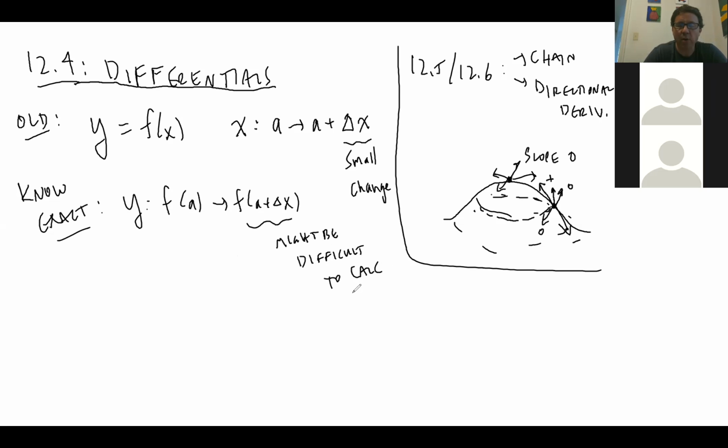And I know you all have calculators, and that's all well and good, but we're going to try and do some of this stuff by hand so you can see the techniques, the quick and dirty techniques that you might want to use in your engineering classes. So how do you approximate the change from here to here? That'll be how much y changes, delta y.